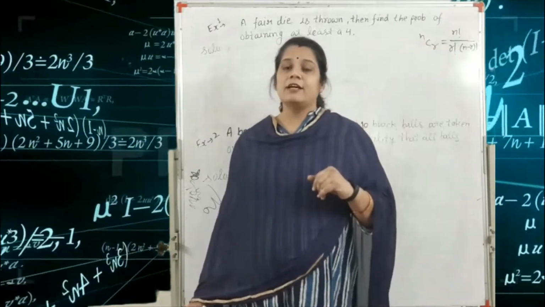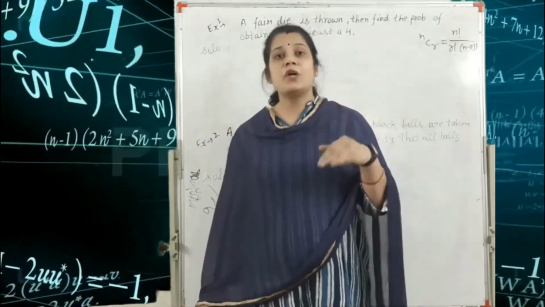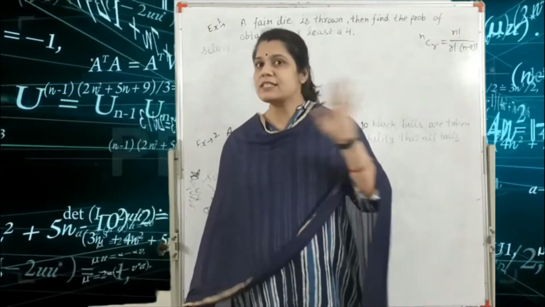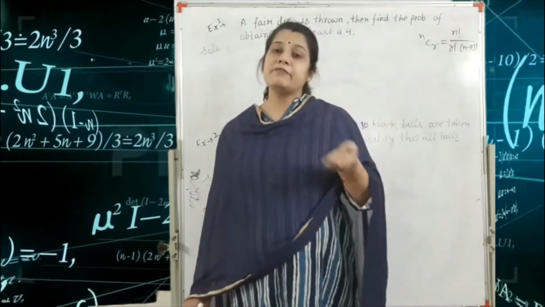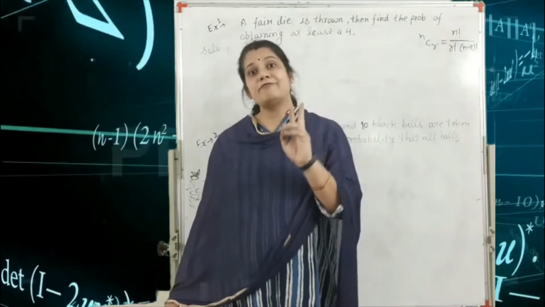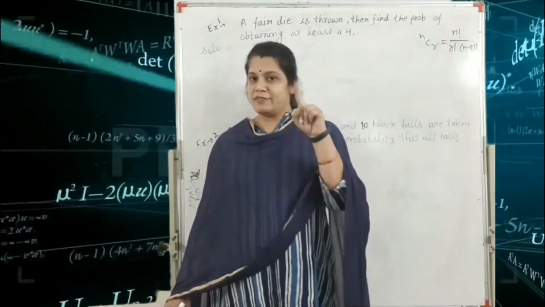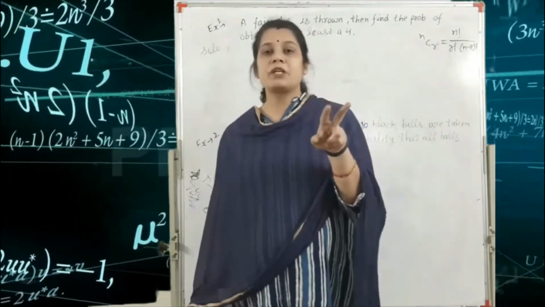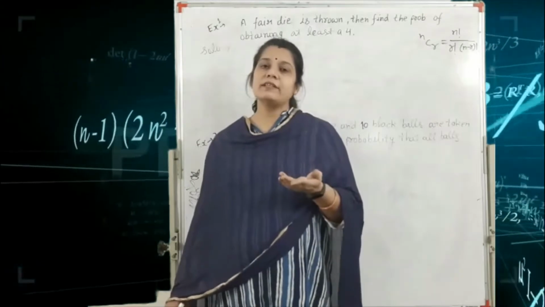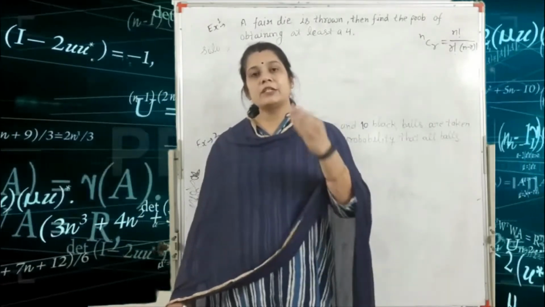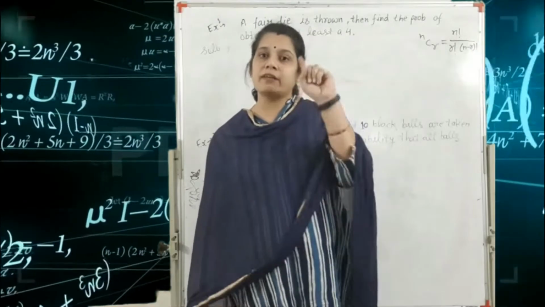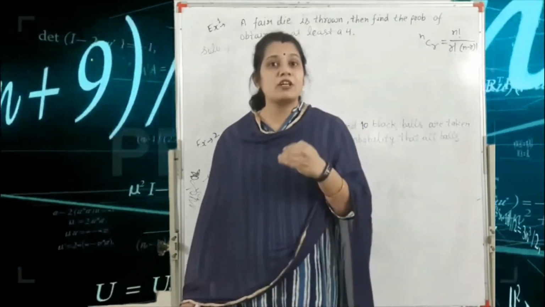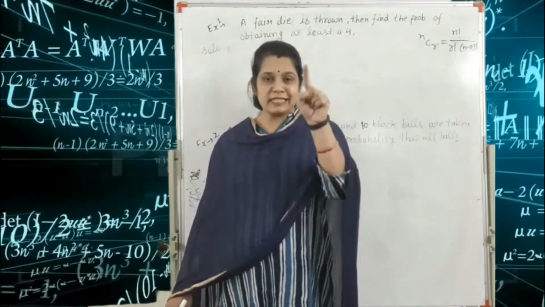If we want a 5, there is only one possibility, because 5 appears only one time on the dice. Getting a 2 is only one time, so the possibility is 1 by 6. Getting 3, 1 by 6. Getting 4, 1 by 6, because 4 is present only one time on your dice.